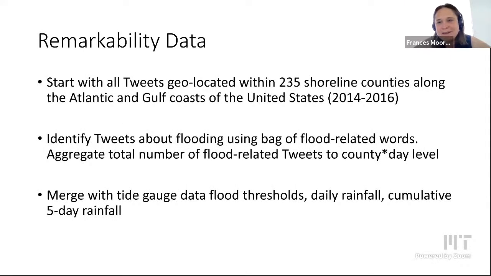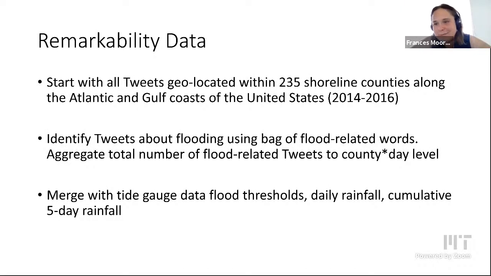Well, the key piece of the study is a Twitter data set. We start with all tweets geolocated within the 235 shoreline counties along the Atlantic and Gulf Coast, between about November 2014 and the end of 2016.